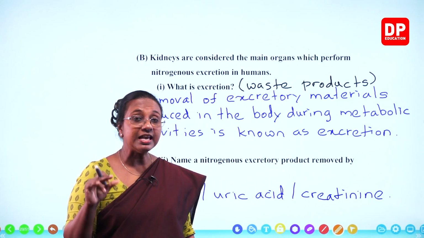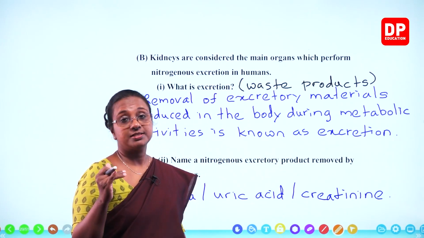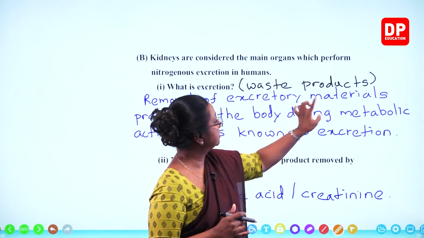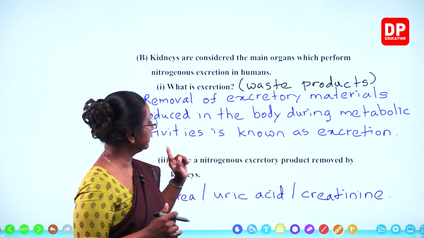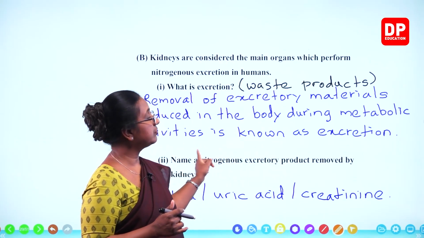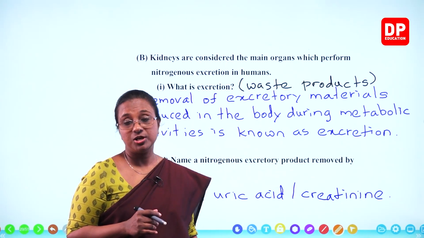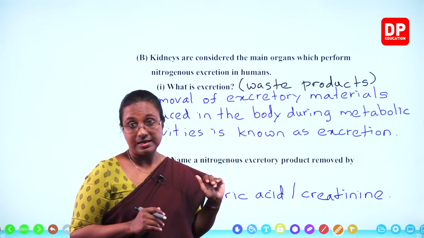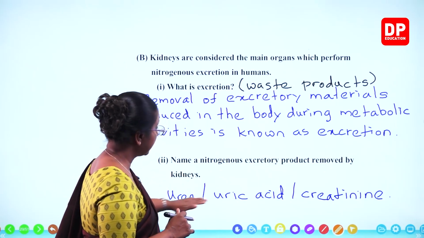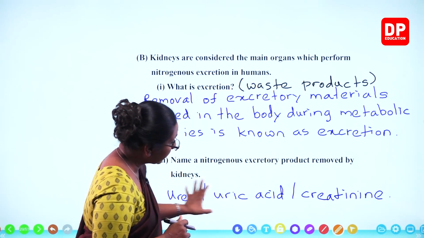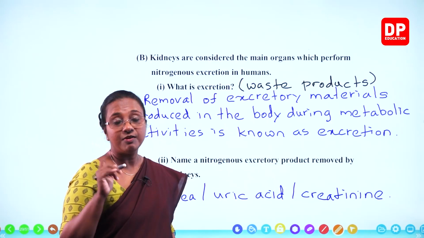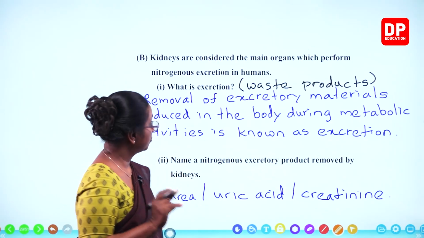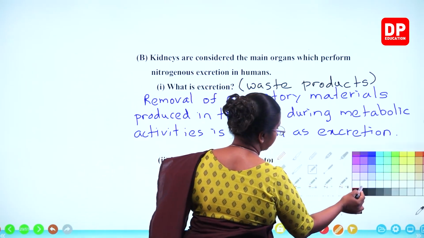So, when you write the answer, the two components that have to be included are: you have to say either waste products or excretory materials, and also you have to say they are produced during metabolism. That is important for this first part of the answer. Then these of course are the nitrogenous excretory products. I have written all three. If you write one of those, that is more than enough. Is that clear, students? So, with that, I'll move on to the next question.